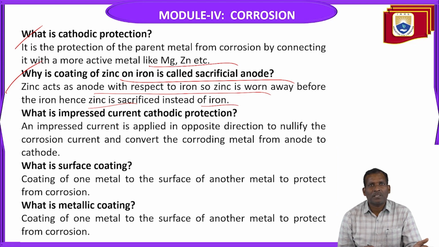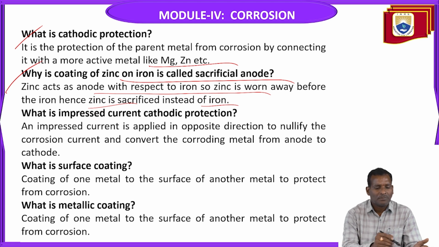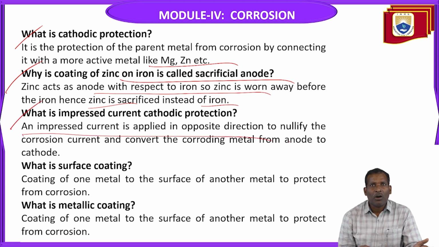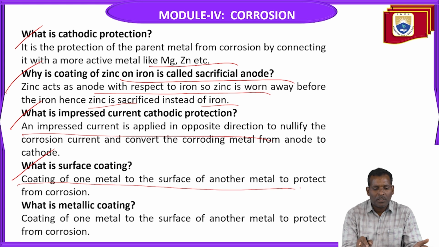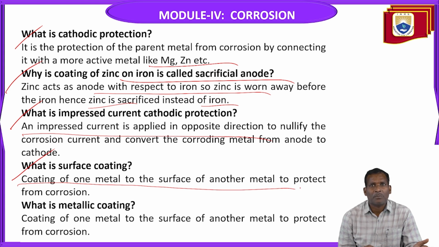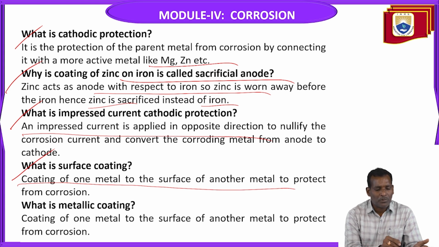So what is impressed current cathodic protection? An impressed current is applied in the opposite direction to nullify the corrosion current and convert the corroding metal from anode to cathode. What is surface coating? Coating of one metal on the surface of another metal to protect it from corrosion.